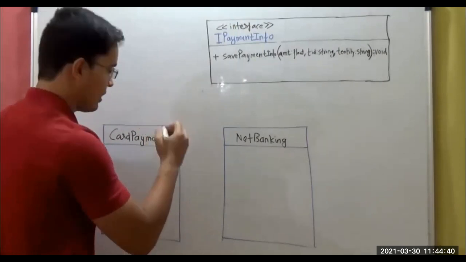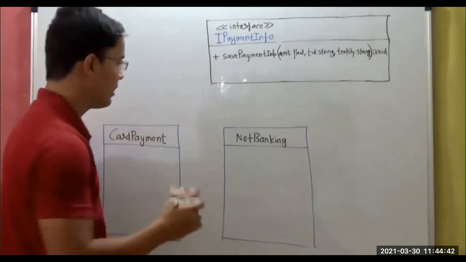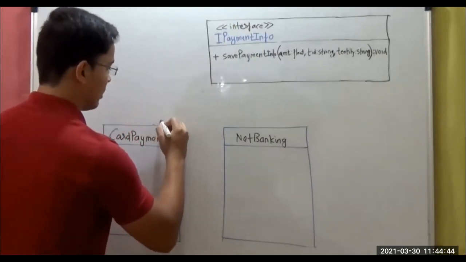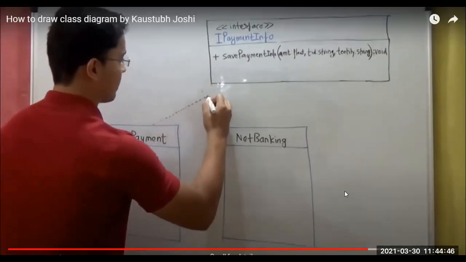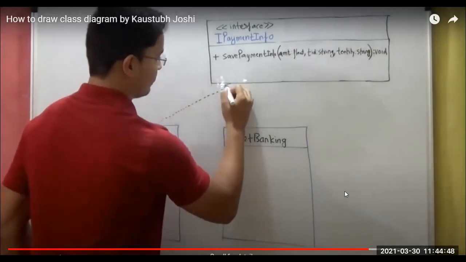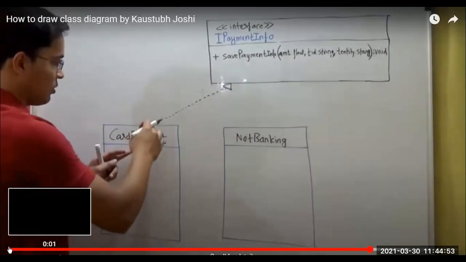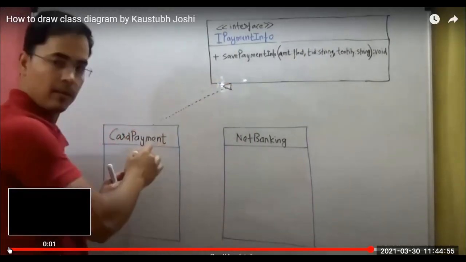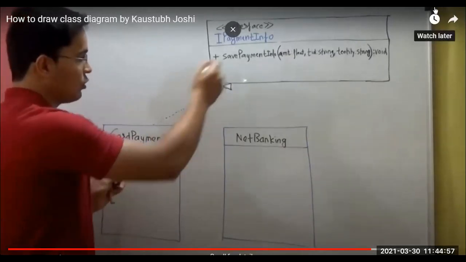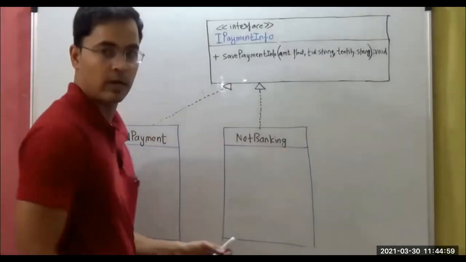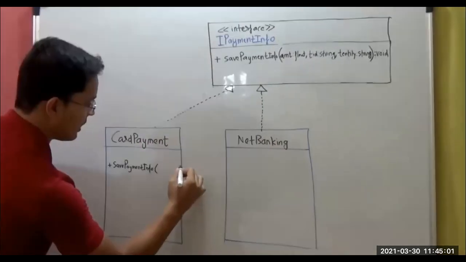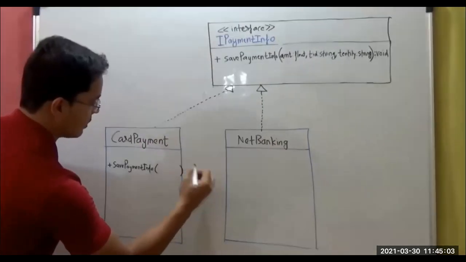So how do we denote that? It is very similar to inheritance, just a dotted arrow, and again from children to parents. So at any diagram, implementing class to interface, like this. And of course, these classes will have to implement that method with the exact signature, right?